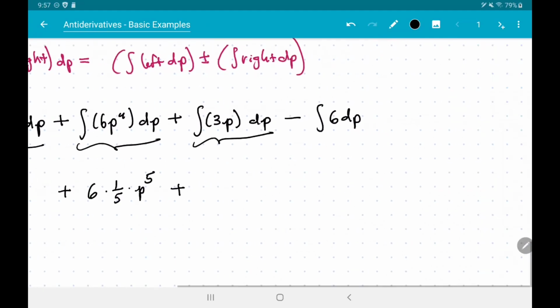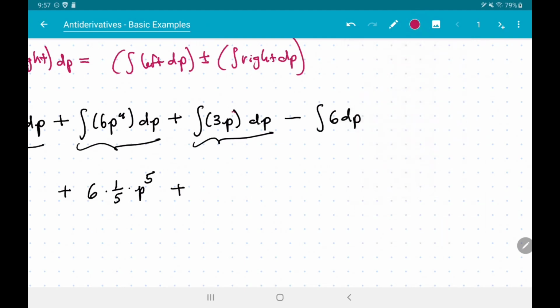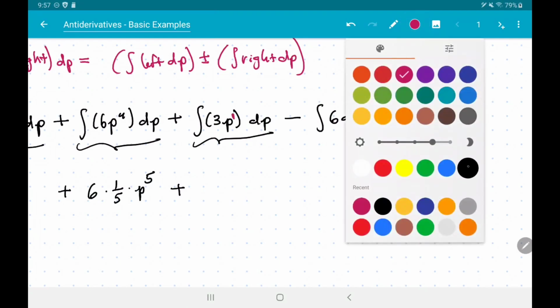Now we need to do the next one. This one may throw you for a little bit of a loop. Just remember that if there's no exponent, what exponent could I put right here? I could put a 1. So try the antiderivative of 3p to the 1.